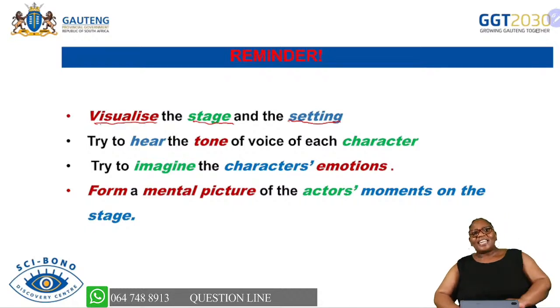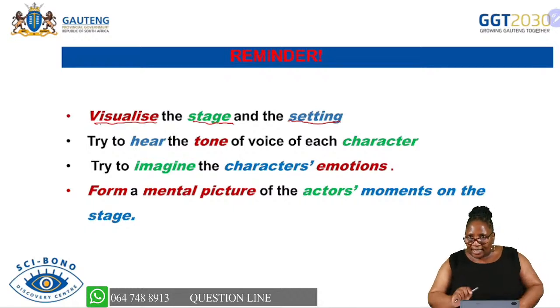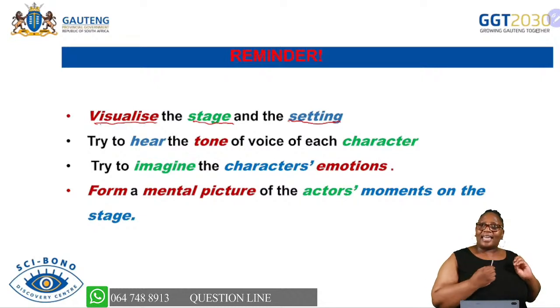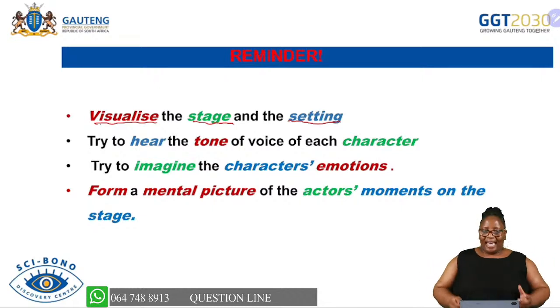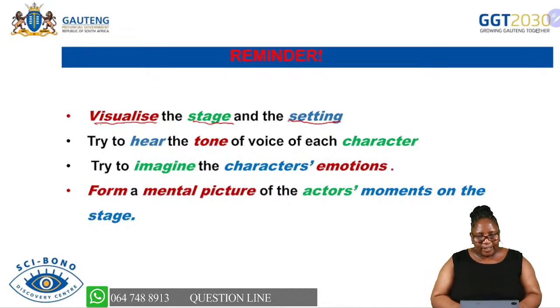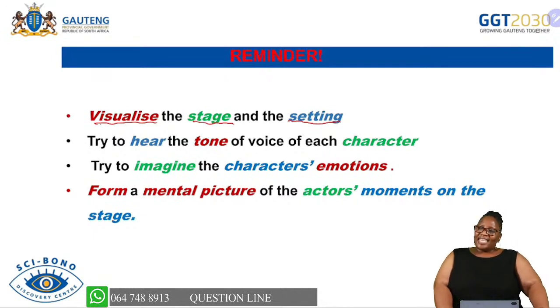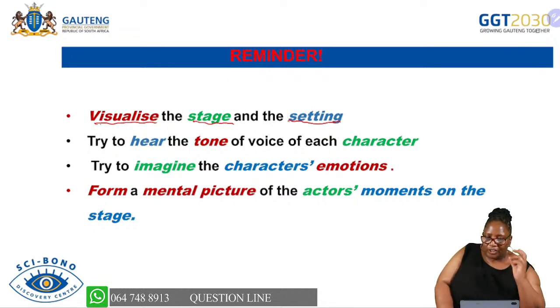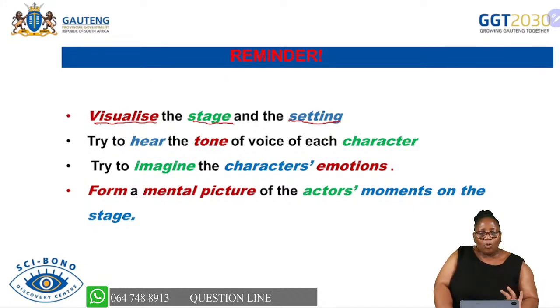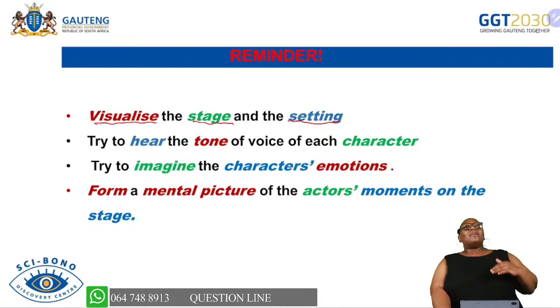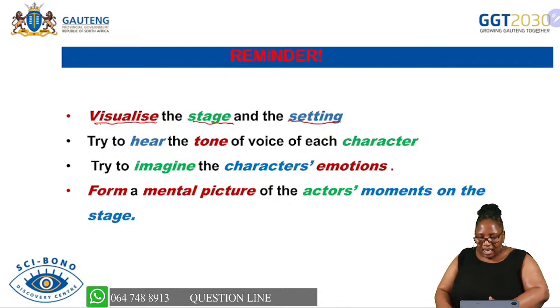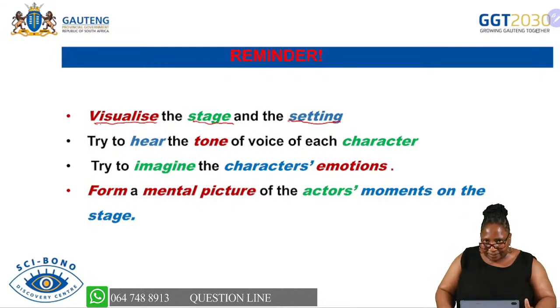And it will be varying tones, isn't it? Depending whether they are happy or they are angry. So the tone will vary. So we want you to feel it as you read. Again, use your imagination. Determine how they feel, their emotions when saying the words that you are reading.